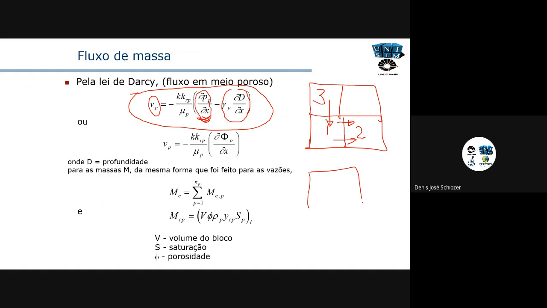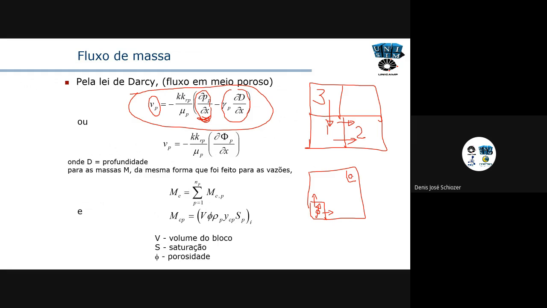So if I have a reservoir and an injector here, for example, initially the reservoir is in equilibrium, but once I inject fluid into this block, I'm going to increase the pressure of this block, so the fluid is going to move from this block to the neighbors. And the same thing happens with the producer.